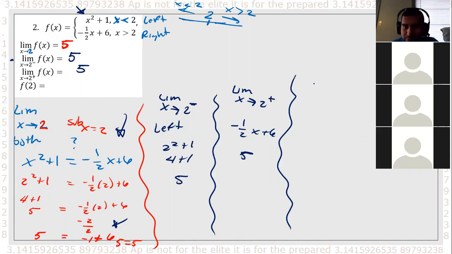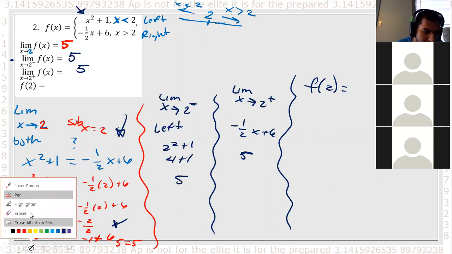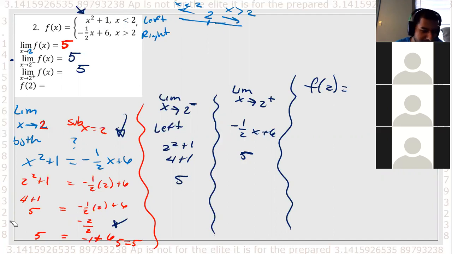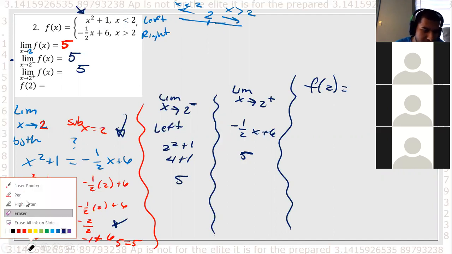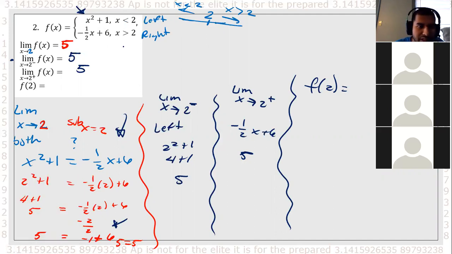F of 2. What is f of 2? Well, let's look at our questions right here. It's asking which one of these, the top or the bottom, actually includes 2 as its value. You have option x is less than 2 and x is greater than 2.